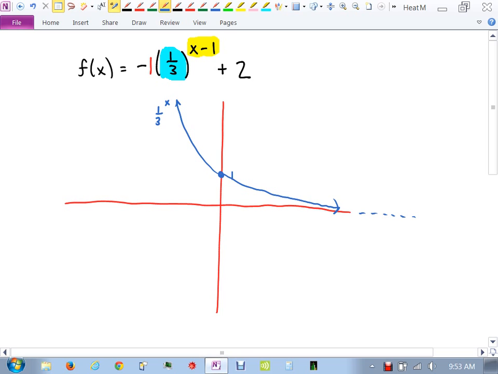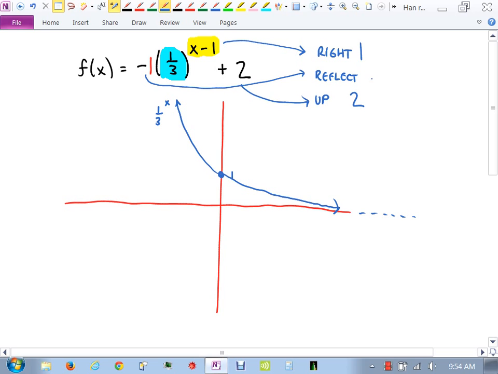Now I need to do my shifting. I'm going to do the x minus 1 now. What does that do for me? This right here moves me right 1. What else am I going to have to do? Up 2, but I'm going to leave a space here because there's something we missed. The -1 in front, right here, does a reflection over the x-axis.